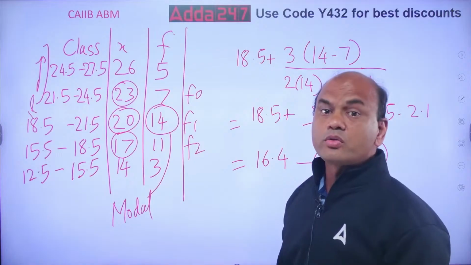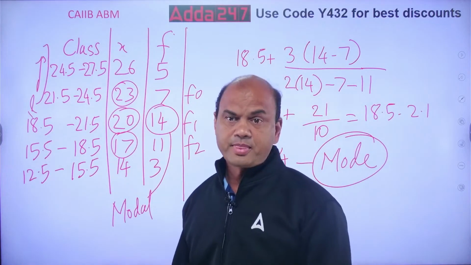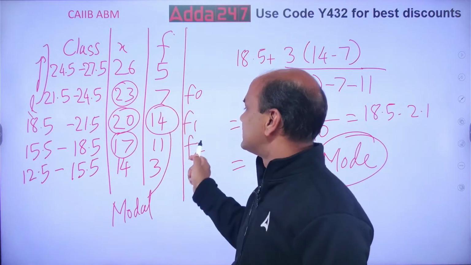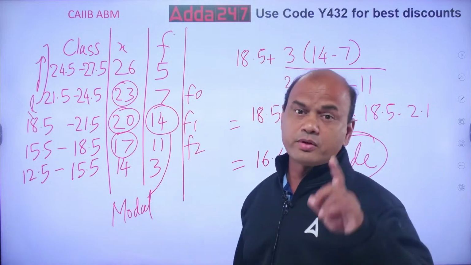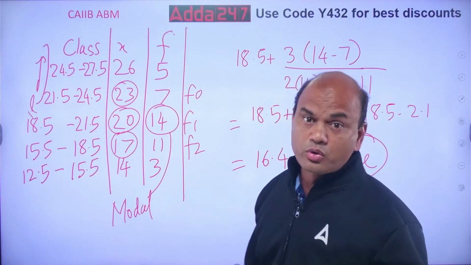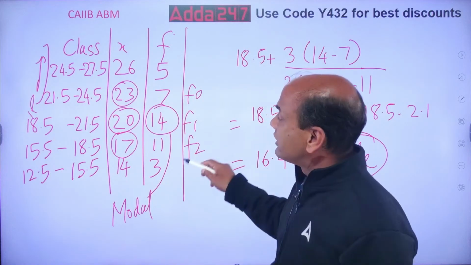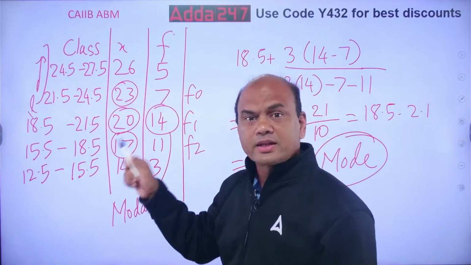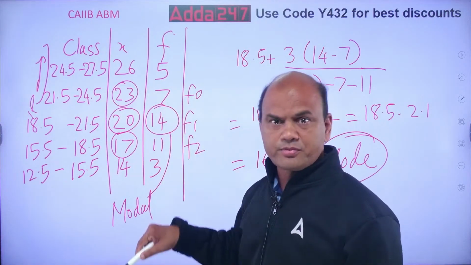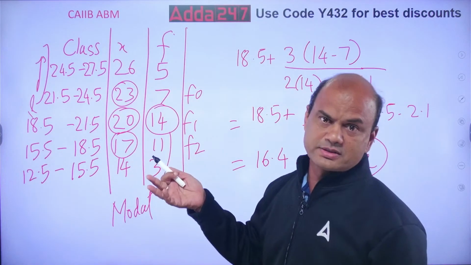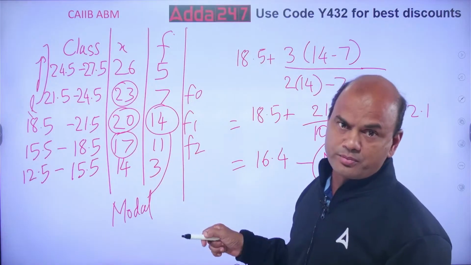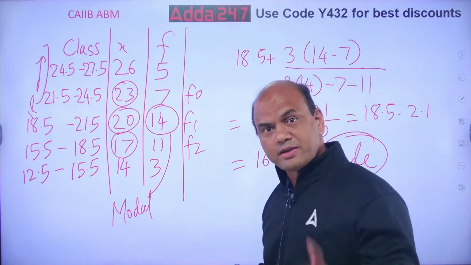So what do you do in this case? See, this is F0, this is F2. In the exam, follow the same pattern. Don't mix this. Even though it is given from lower to above, take the same pattern. F0 above, F1, the earlier one is F0, the later one is F2. Follow the same pattern.